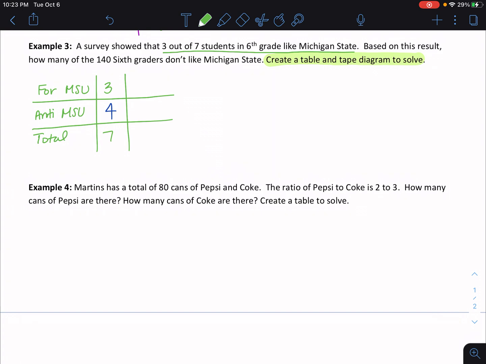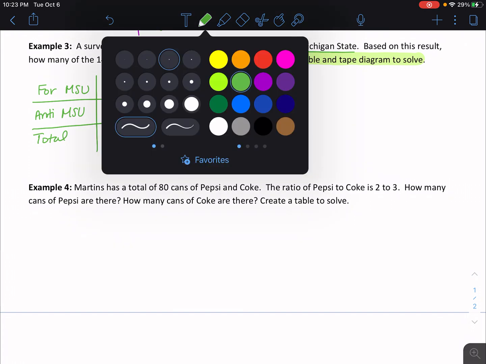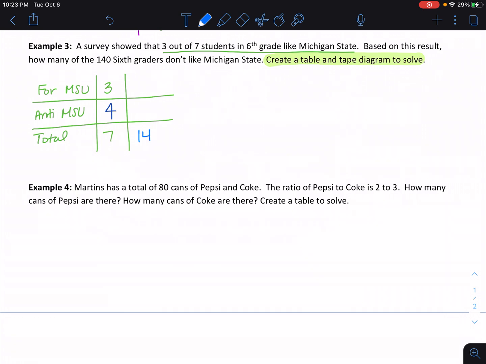And then it says, based on this result, how many of the 146 graders? So there's a total of 140 graders. How many of them don't like Michigan State? So I'm going to fill in my table, but I scaled forward and I multiplied by 20.